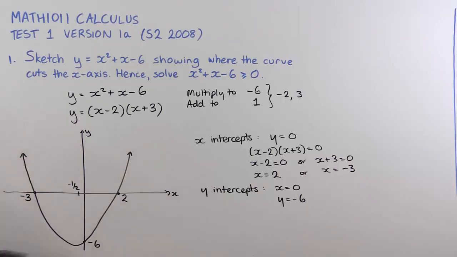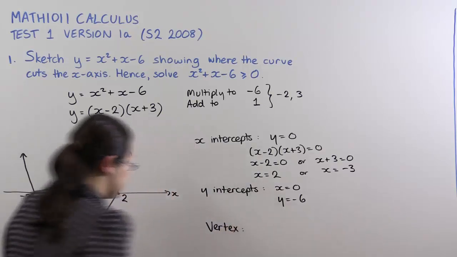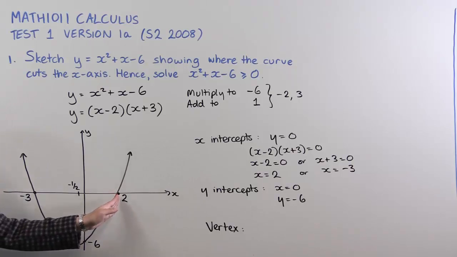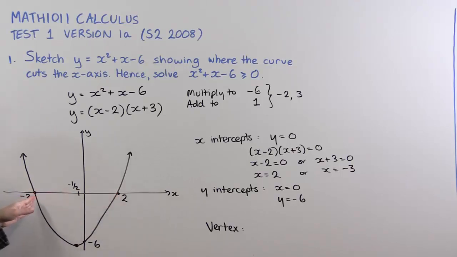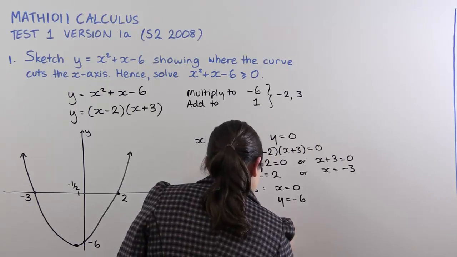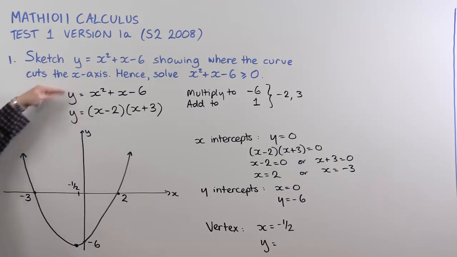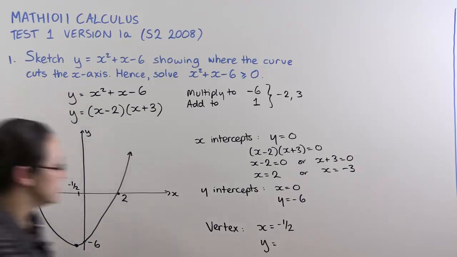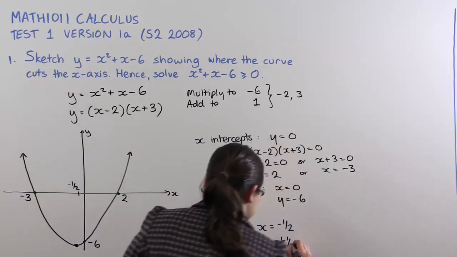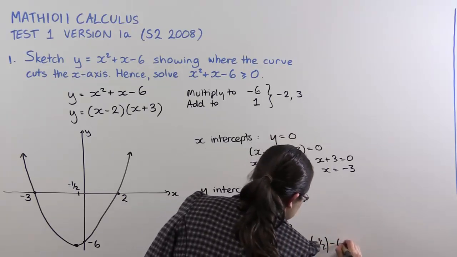And if we wanted to calculate that bottom point, the vertex, let's do it for practice. The vertex occurs halfway between 2 and minus 3, so we can add them together and divide by 2. That's how I got the minus a half. So the vertex occurs when x is minus a half. If we want to work out what y is, we're going to plug minus a half into either of these equations. We'll give you the correct answer. So we could do minus a half squared plus minus a half minus 6.